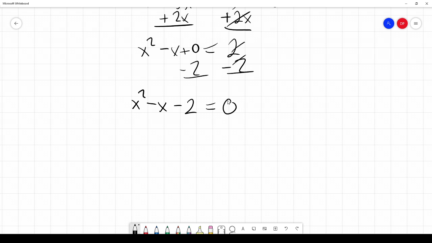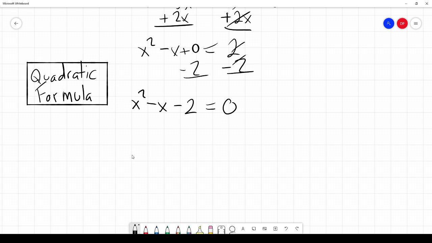So this one's not going to be too bad because it factors, and I think most of them will factor for you. I will mention though that if it does not factor, you always have this guy right here, the quadratic formula, that you can use to solve a quadratic.